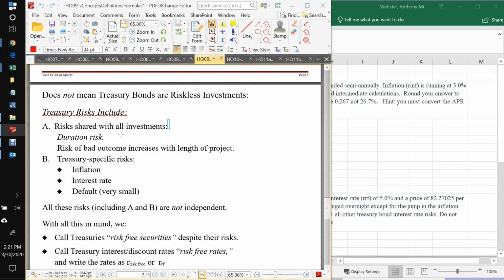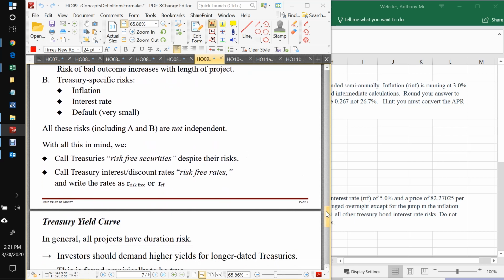The longer treasury you buy, the more interest rate you would expect to get from that, because the farther out you go, the higher probability of a bad outcome there is, even for US government, etc. And then there are also risks here that are specific to treasuries, including inflation, interest rate, and default. So with all this in mind, we call our treasuries risk-free securities, even though we know that they have some risks, and we write our risk-free rate, which is really measured by treasuries, as R risk-free or RRF.